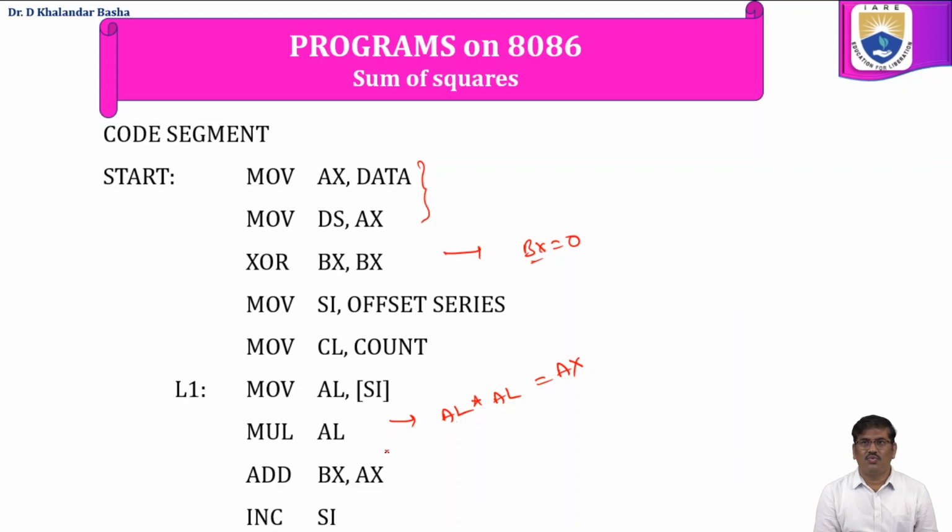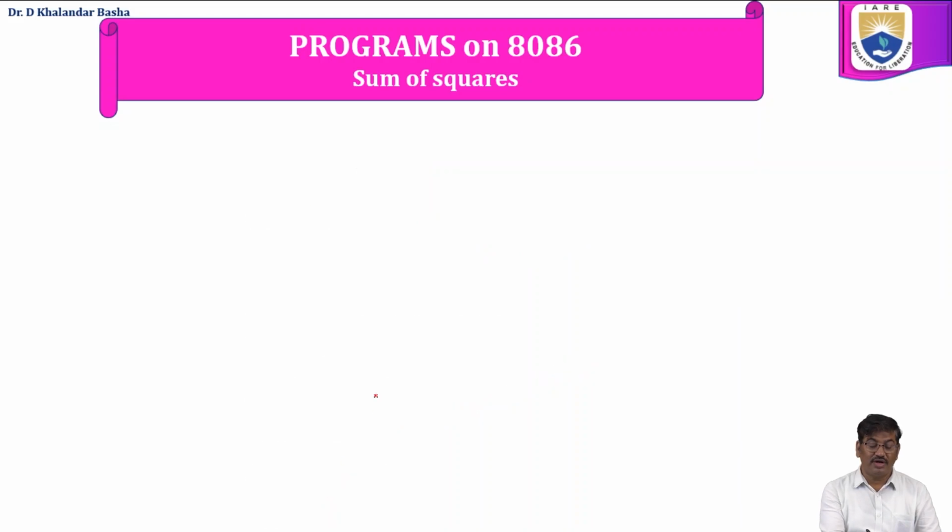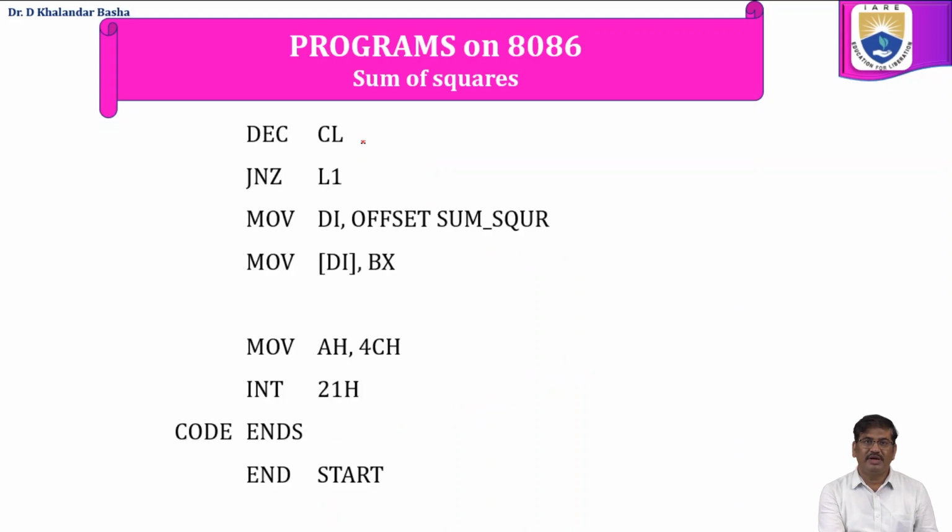For the first number we found the square. For getting the second number, we increment the address by using INC SI. As one data is considered, we decrement the count. This loop will be iterated until CX is equal to 0.